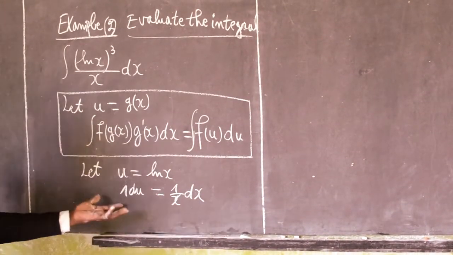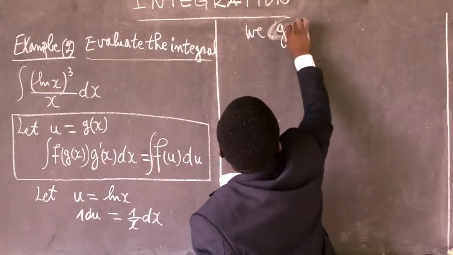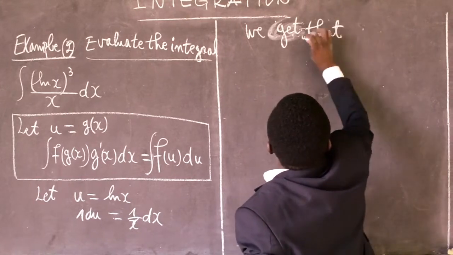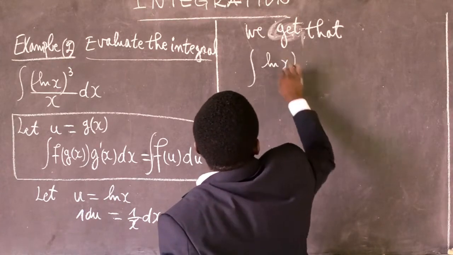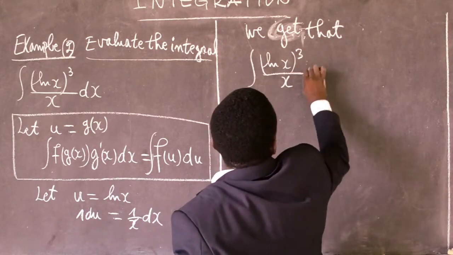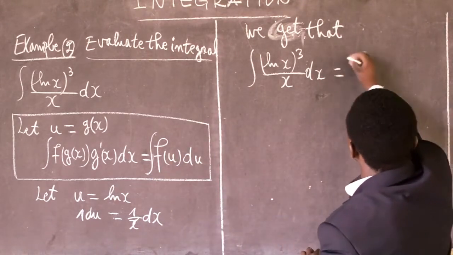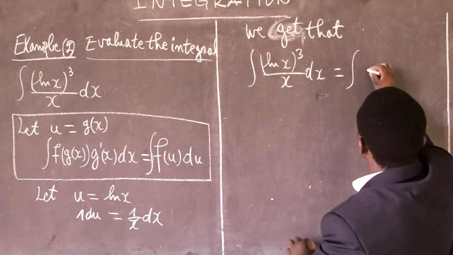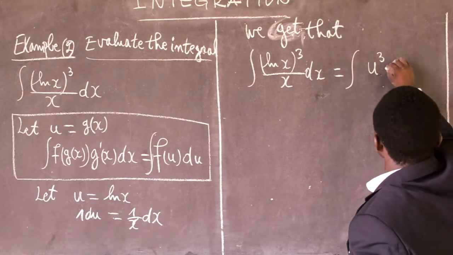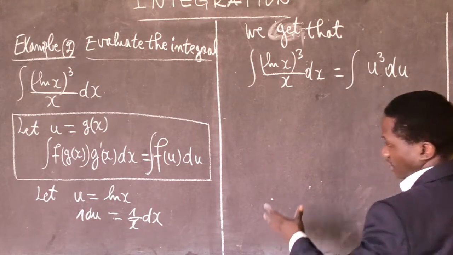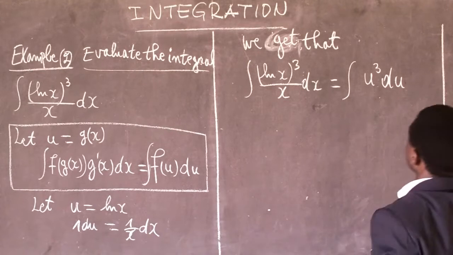dx. Okay, so from here we can replace into our integral. We get that the integration of (ln x)^3 over x dx equals, when we change the variable, the integration of u^3 du, because we remember that du equals 1 over x dx.